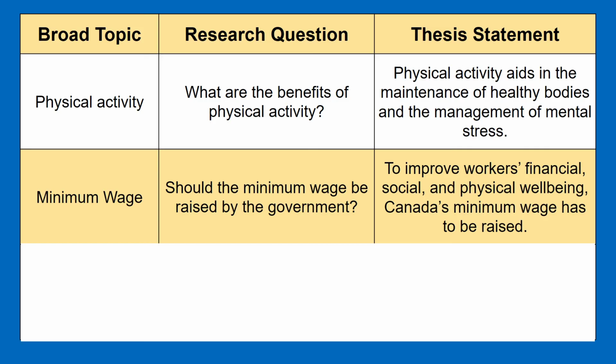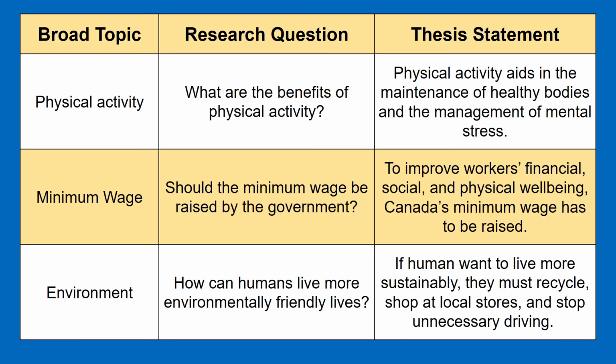The thesis statement will be, to improve workers' financial, social, and physical well-being, Canada's minimum wage has to be raised. The topic is environment. The research question will be, how can humans live a more environmentally friendly life? The thesis statement will be, if humans want to live more sustainably, they must recycle, shop at local stores, and stop unnecessary driving.